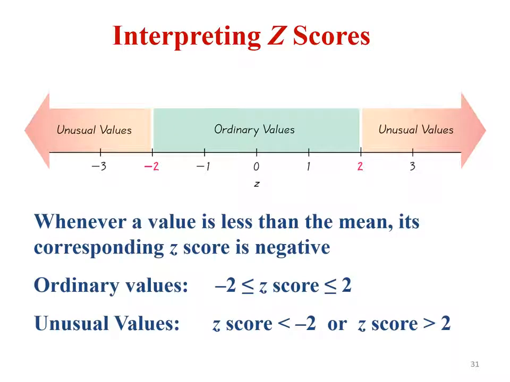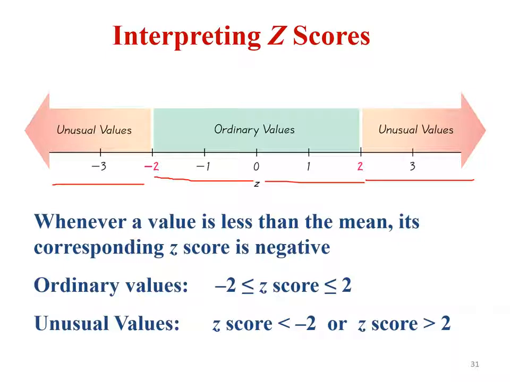Also important is interpreting z-score values. You know that a z-score value may be 0, negative or positive. In this case, we consider the cutoff points negative 2 and positive 2. Suppose our z-score is less than negative 2 or greater than positive 2. Then we call that observation unusual. Suppose the value lies between negative 2 and positive 2, or equals negative 2 or positive 2.